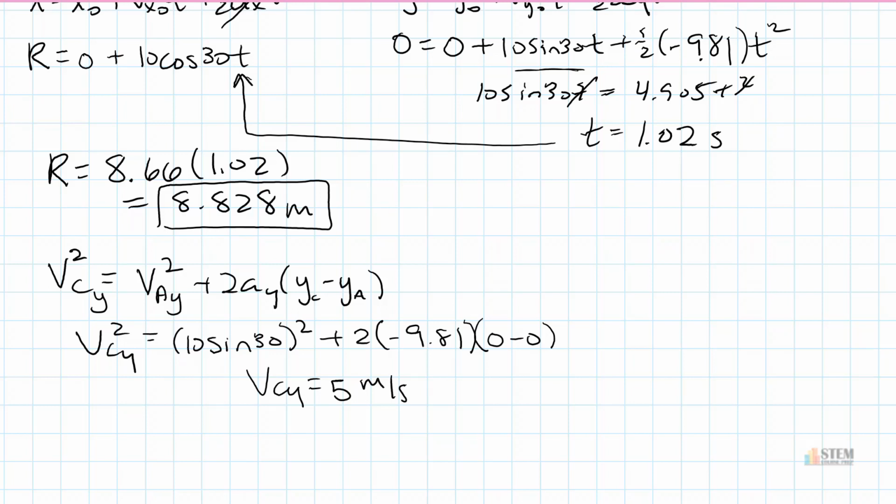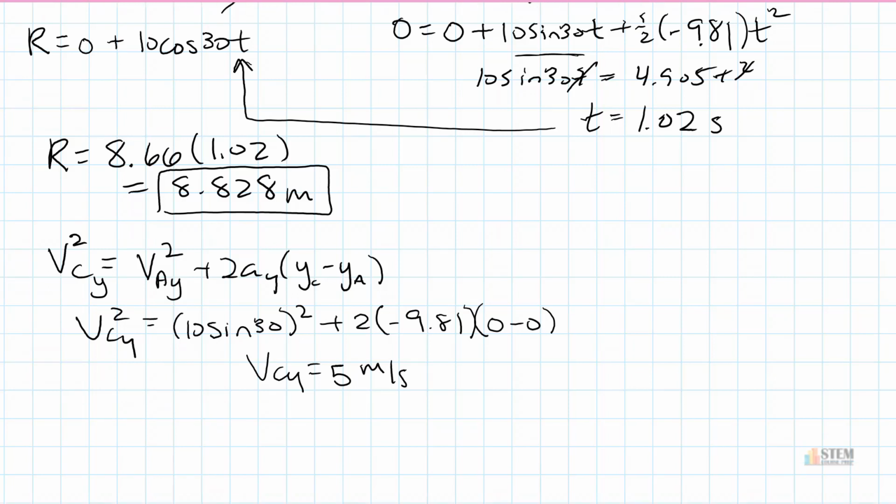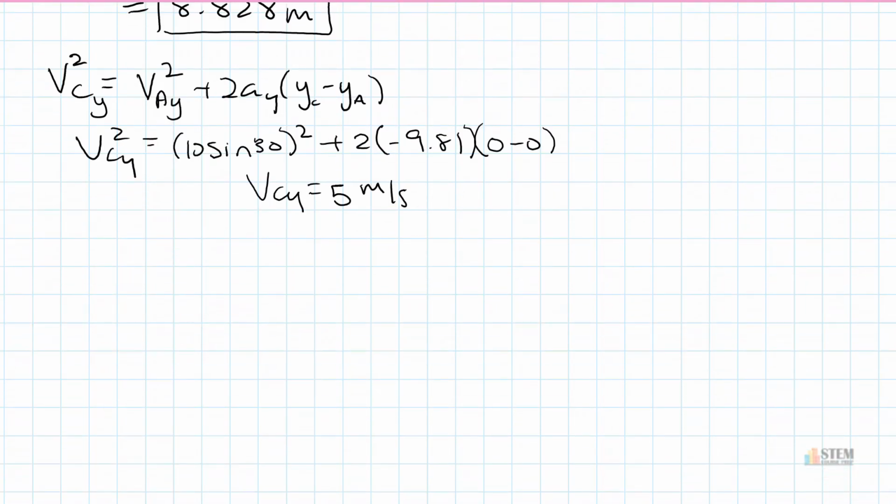And then we'll do the same equation for the x direction. You don't really get a whole lot out of it, but let's write it out anyways. So if I have VCx squared equals VAx squared plus 2ax times xc minus xa, this term here goes away. So your final x component of velocity equals the initial x component of velocity.